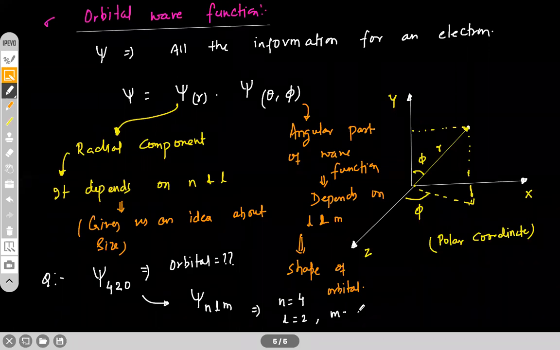If you compare the two here, the N value is 4, L value is 2, and M value is 0. So with these three values, could you tell me which orbital this is?